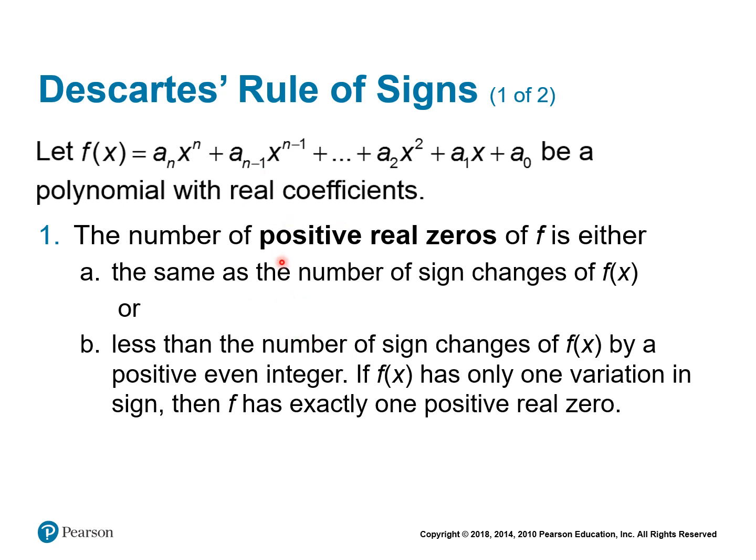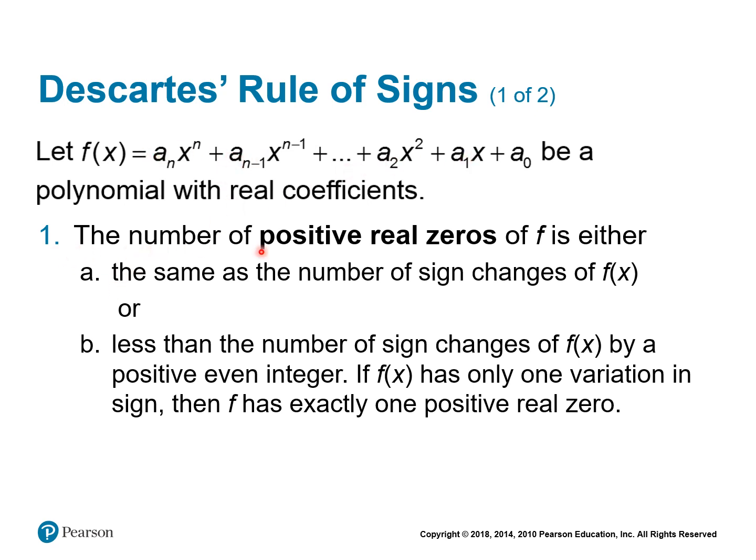But let's just go through the statement here. It says, let f of x be this polynomial a sub n times x to the n all the way to a sub 0, be a polynomial with real coefficients.